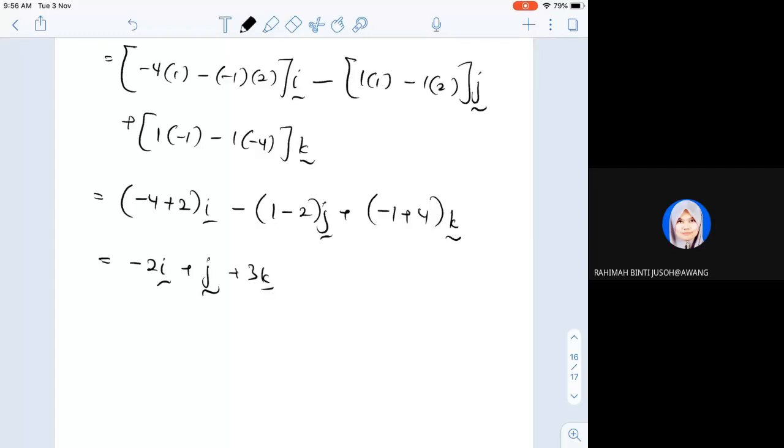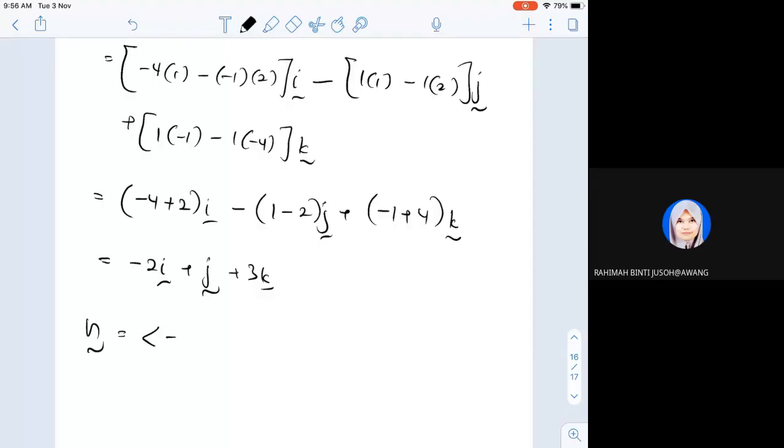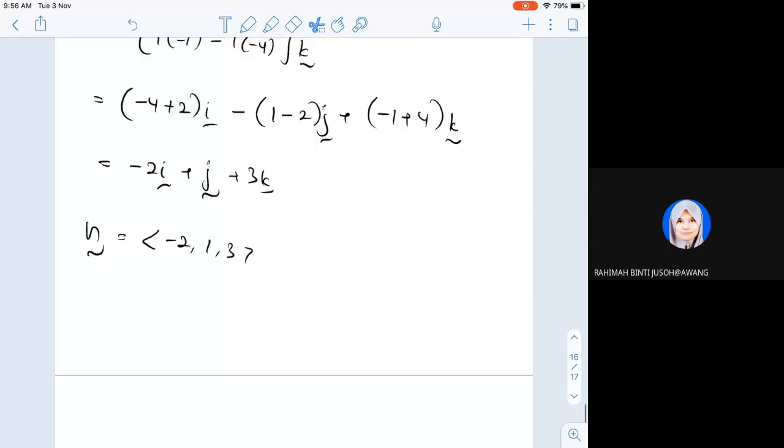Okay, question number 21B. Alright, so now this is our normal vector: negative 2, 1 and 3. And this is our P naught from just now. So this is your ABC, and this is your x naught, y naught and z naught.